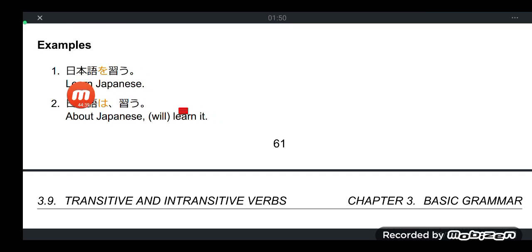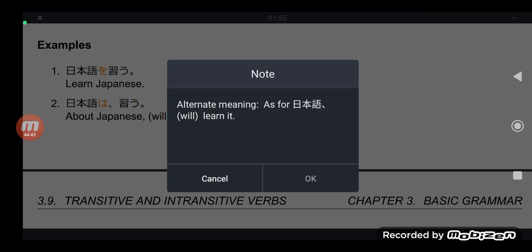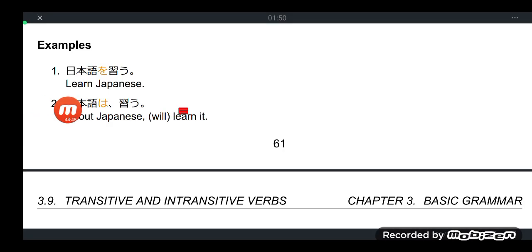Nihongo wa narau. Okay. In sentence number 2, Nihongo wa narau. It has an alternate translation. For this sentence, Nihongo wa narau, the translation here is about Japanese, we'll learn it.